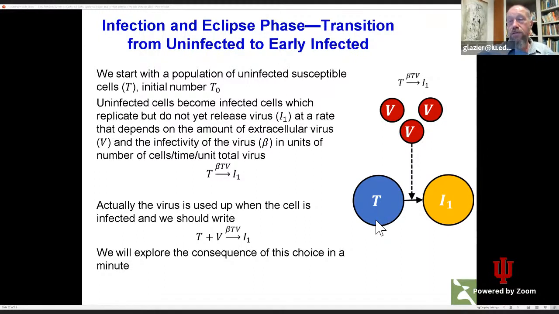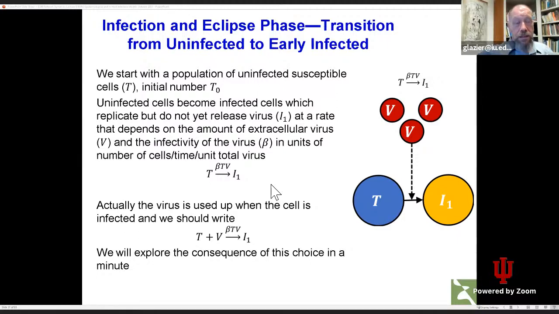And so the transition from uninfected to early infected cells, or eclipse phase cells, looks like the equation we used before. T goes to I1 at a rate beta times T times V. So increase the amount of virus, increase the rate of infection, increase beta, increase the rate of infection.